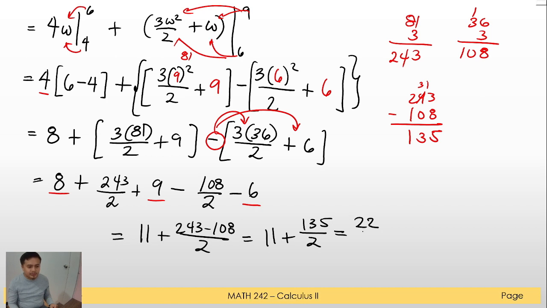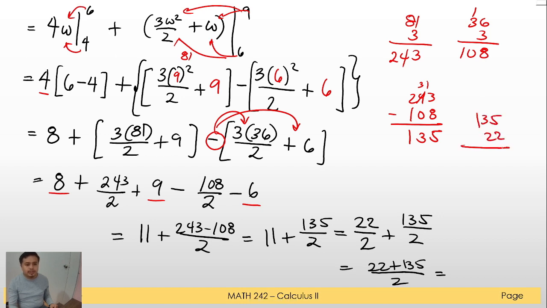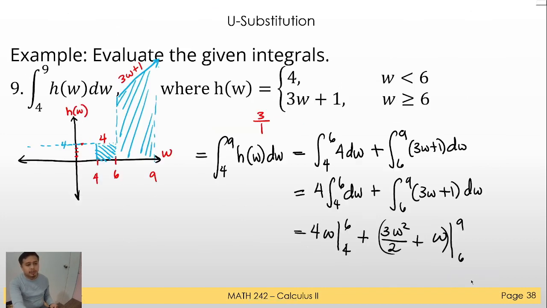So we have 22 over 2 plus 135 over 2. This will become 22 plus 135 over 2, which is 157 over 2. 157 over 2 will be your final answer for this definite integral, which basically also means that this is your area. So 157 over 2 is the area in square units.